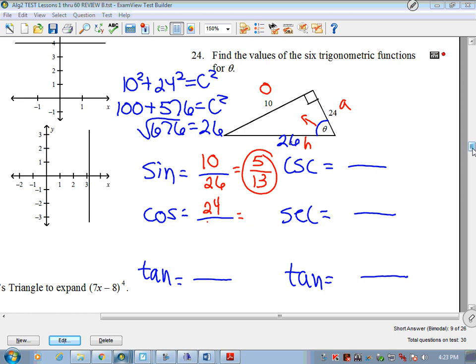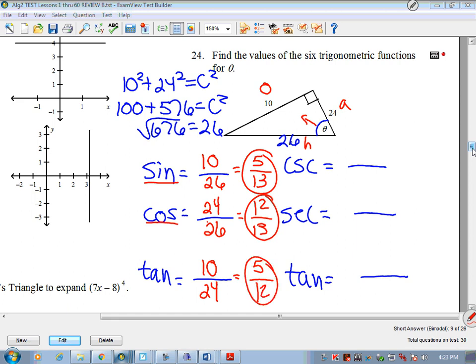Cosine is adjacent over hypotenuse 26. As we split that down, we get 12/13. So my cosine is 12/13. Tangent, opposite over adjacent, is 10 over 24. Divide both by 2, we're going to get 5/12.